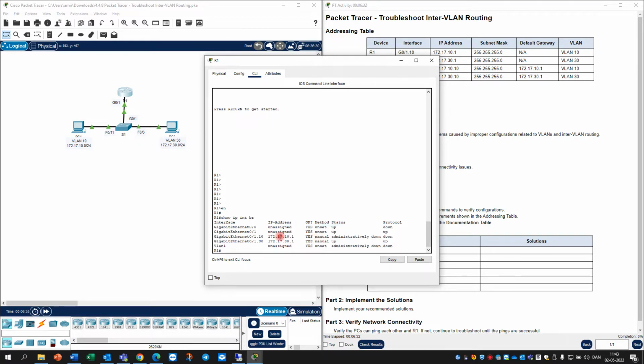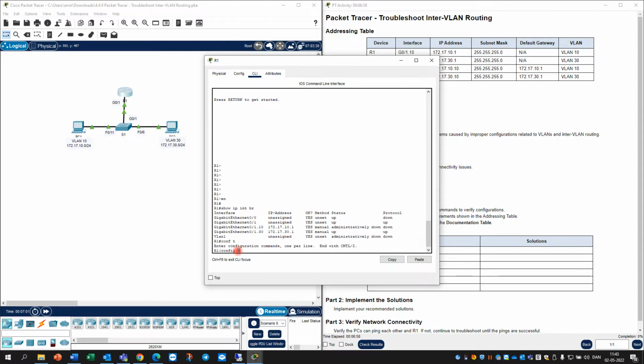The G0/0 interface is okay, but what about here? We have a problem with G0/1.10, and you can see it's administratively down. It means the administrator has shut down this interface.